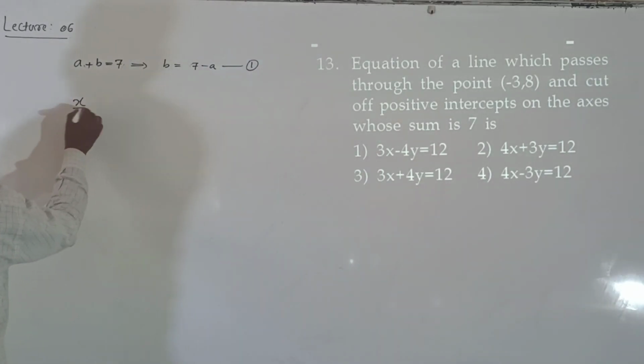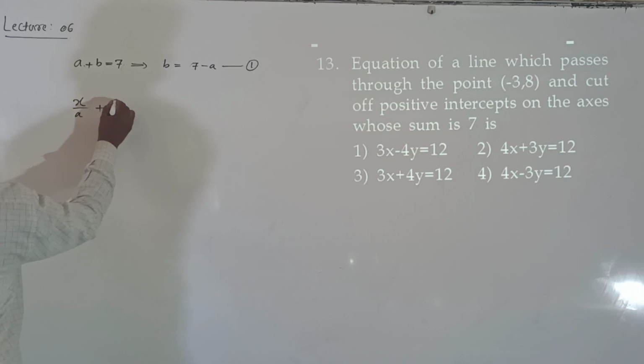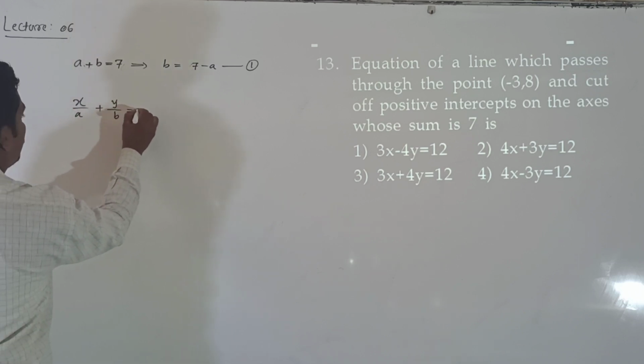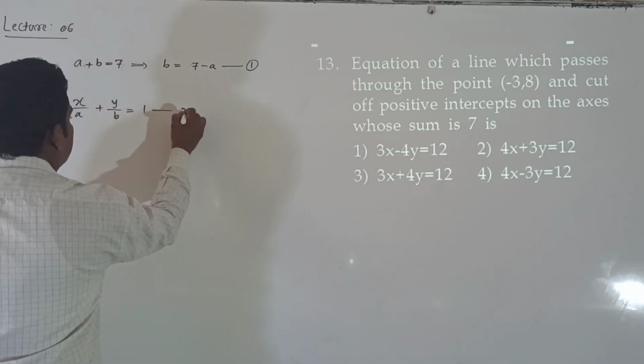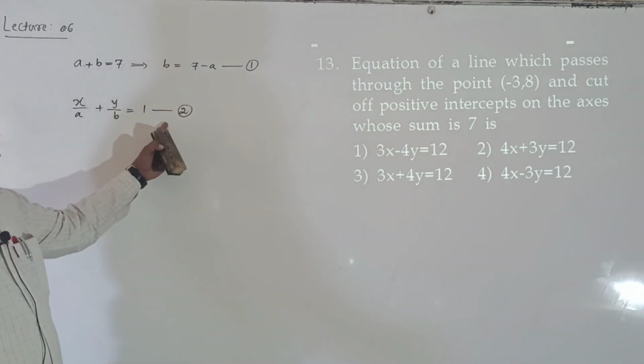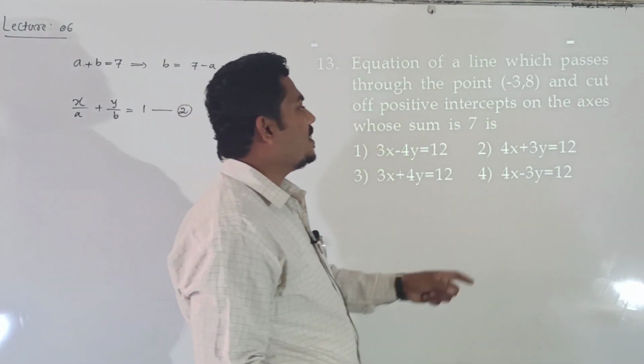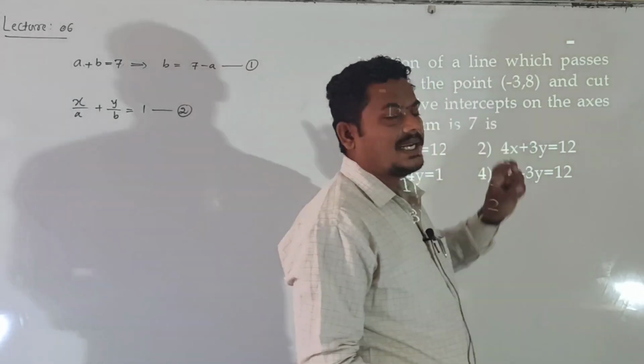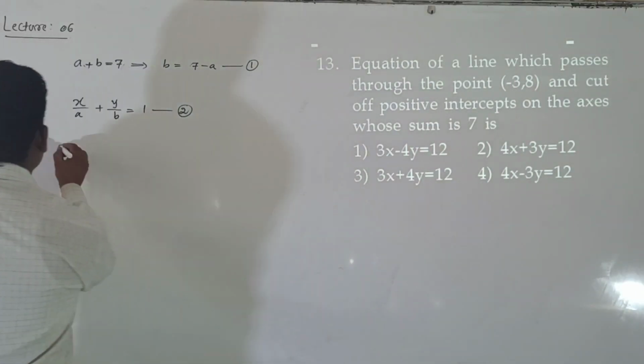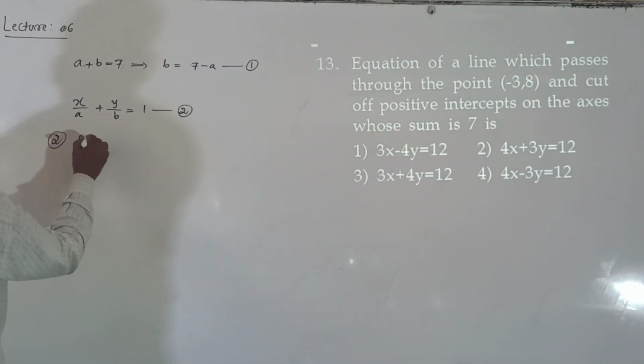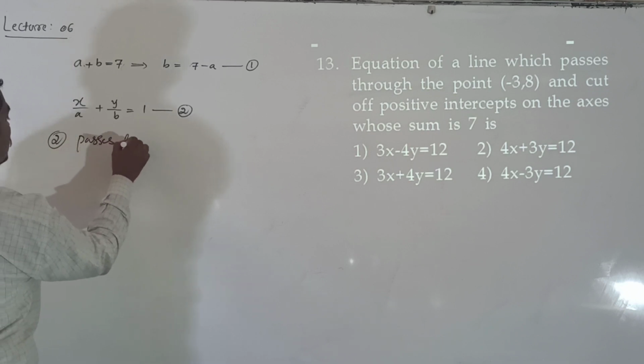And the required equation is of the form x by a plus y by b is equal to 1. Take this as 2. The line 2 passes through the point minus 3 comma 8.